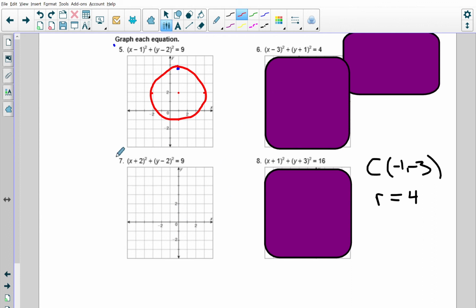How about this one over here? This has to be a -2, +2. Square root of 9 is 3. 1, 2, 3.